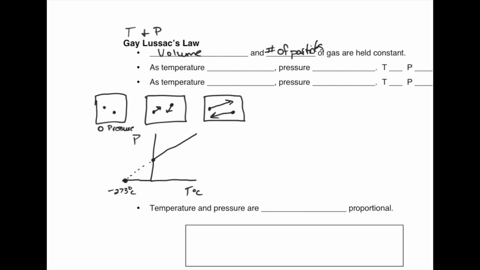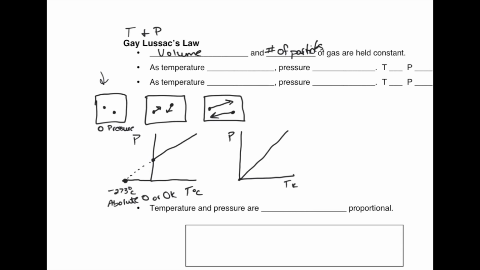So if we then call that temperature absolute 0 or 0 Kelvin, all right? And so if we then plot the pressure versus the temperature in Kelvin, we have a graph that looks like this, where 0 Kelvin represents this point right here.